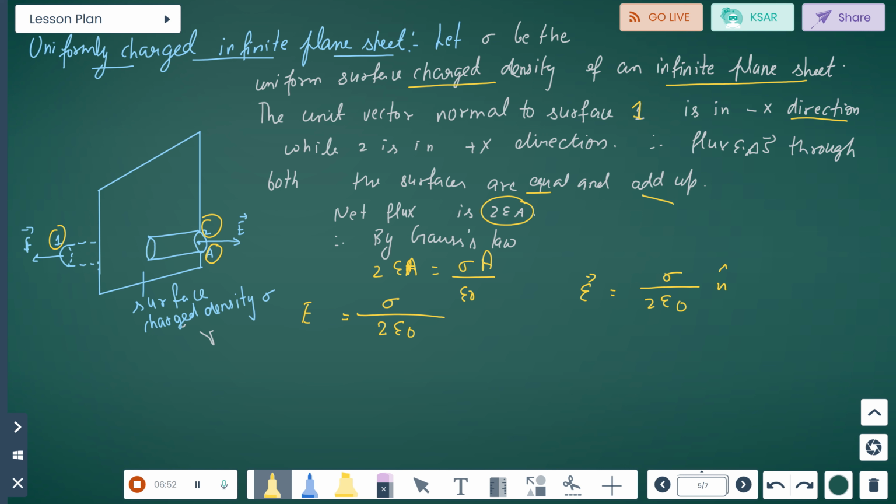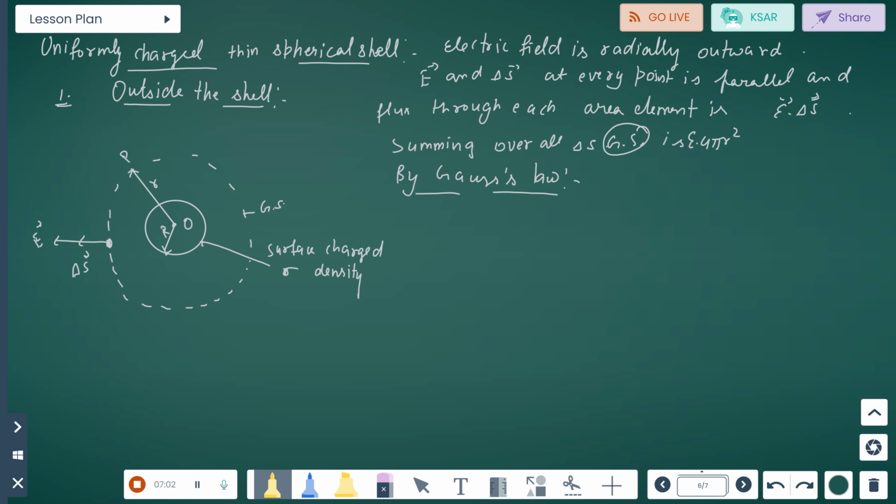So for a large plane sheet, the expression E equals sigma by 2 epsilon naught will be approximately true in the middle region of the planar sheet. Now for a uniformly charged thin spherical shell, first is outside the shell, where we take the Gaussian surface, with surface charge density sigma here, and ds, E, P, r is the radius, O is the center, r is the radius between them.